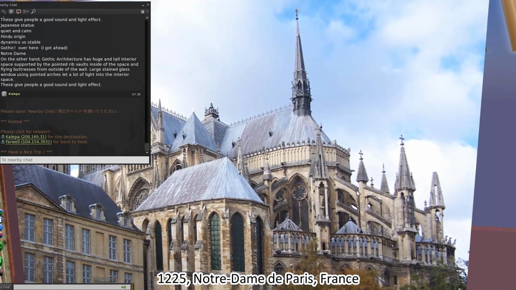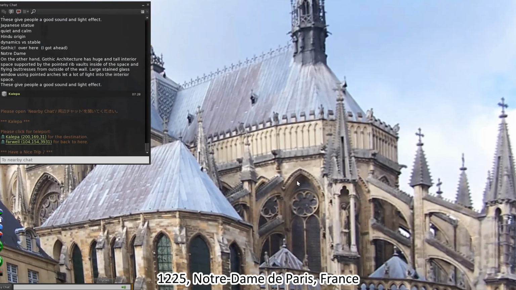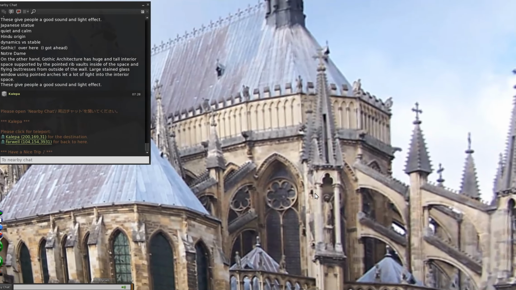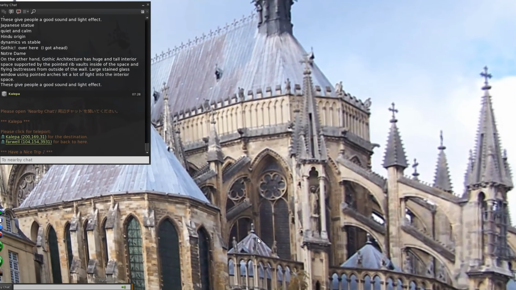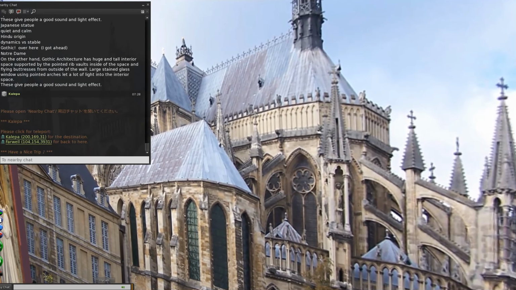Large stained glass windows using pointed arches let a lot of light into the interior space. So a Gothic church gives people a good sound effect and good light effect.